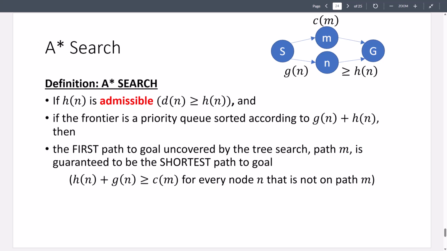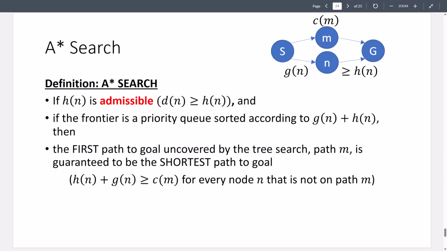Graph search is complete if h of n is consistent. Optimality: the first goal expanded is guaranteed to be optimal. If you have multiple paths to the goal or multiple goal nodes, the first goal you expand is guaranteed to be optimal. Efficiency: A star is optimally efficient. No other algorithm using the same heuristic can expand fewer nodes while reaching the goal.